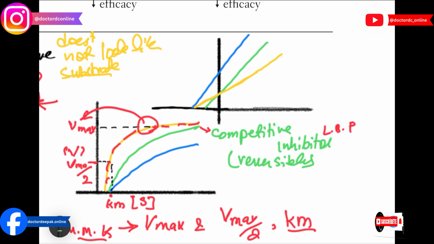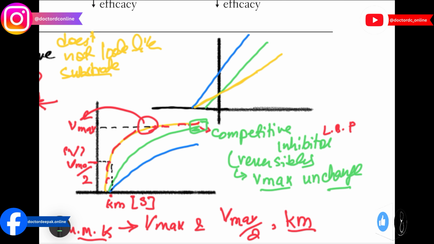If you focus here, there is the green line and the orange line, and there is no distinction, they are touching each other. So this point is the Vmax, so we can say the Vmax will be unchanged.